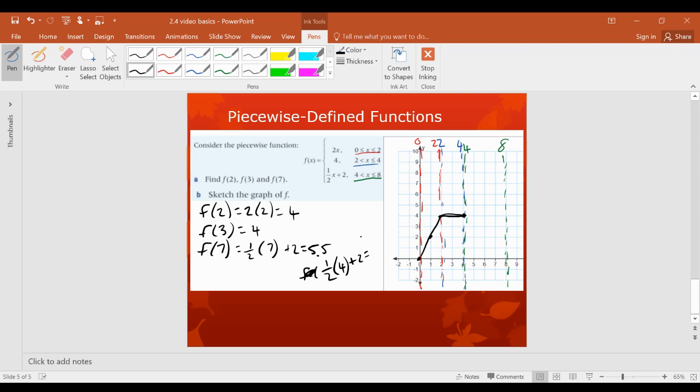And that's 1/2 times 4 is 2, plus 2 would give me 4. So even though this is an open circle, it's going to connect up with the graph right there. And then from there, that's just a linear equation, up 1 over 2, up 1 over 2, just like that. And we're just going to sketch my graph like that. So that would be my function, piecewise defined.